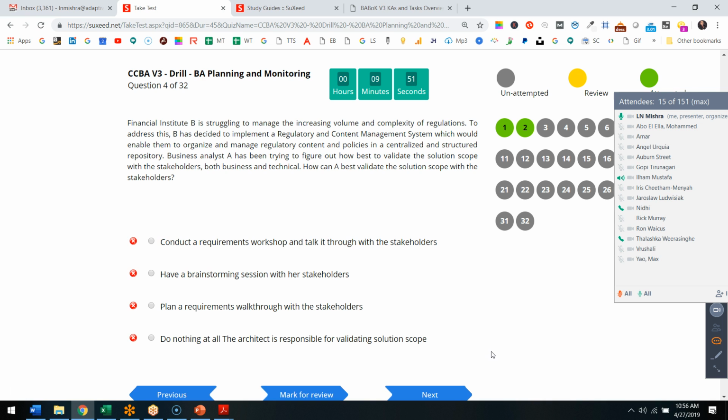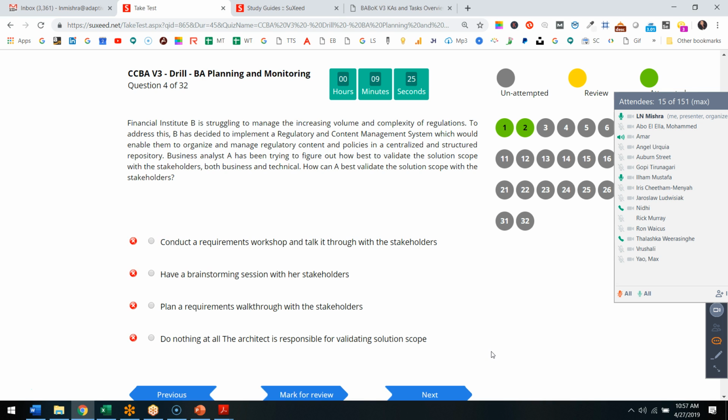No. In this case, if it's a validation for the solution scope, I would go with C also. Very good. Both of you are right. Remember, a requirements workshop's primary objective is to get requirements. Brainstorming's primary purpose is to ideate, whereas a walkthrough is generally used for validation or verification.